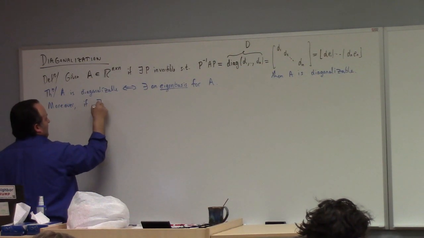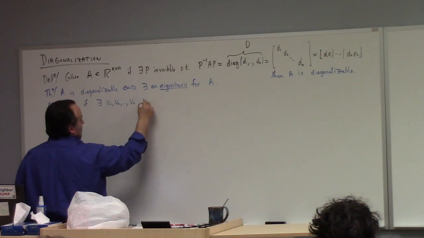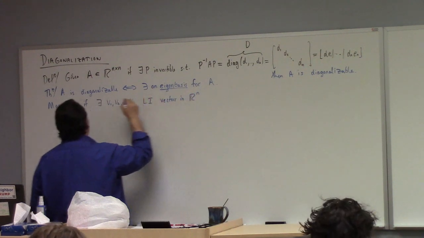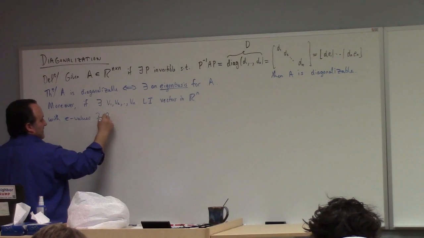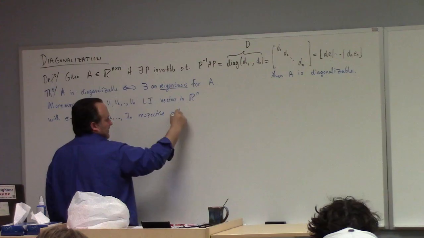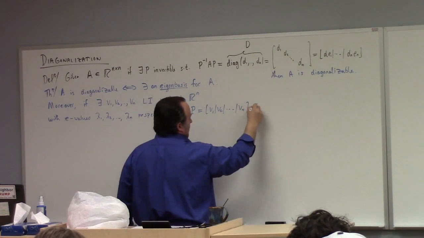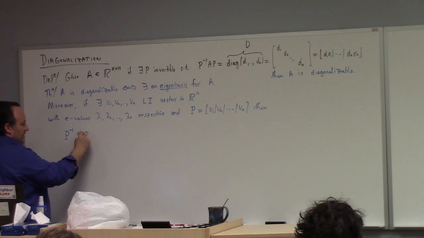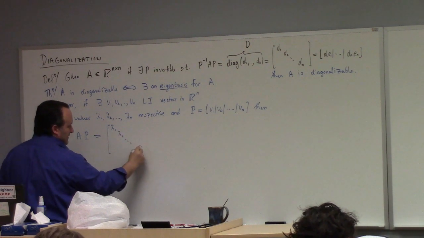Moreover, if there exist, say, v1, v2, through vn, linearly independent vectors in Rn with eigenvalues lambda 1, lambda 2, through lambda n respectively, and if we say P is the matrix you get from gluing these vectors together, then P inverse AP, we worked it out, is actually a diagonal matrix where you've got the eigenvalues down the diagonal.